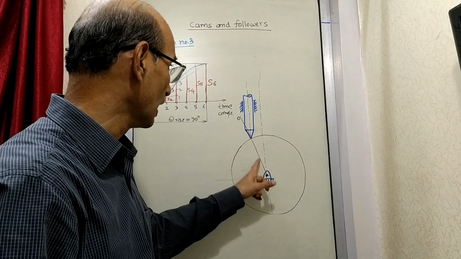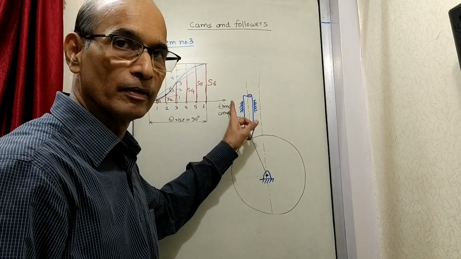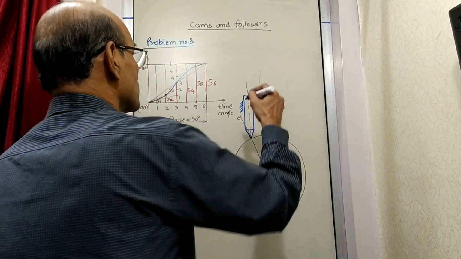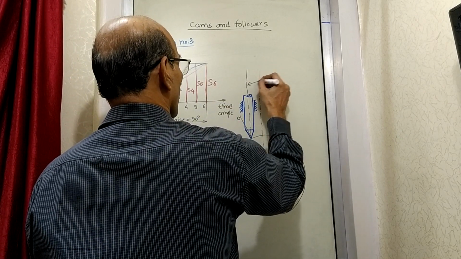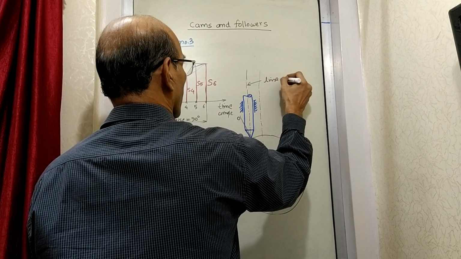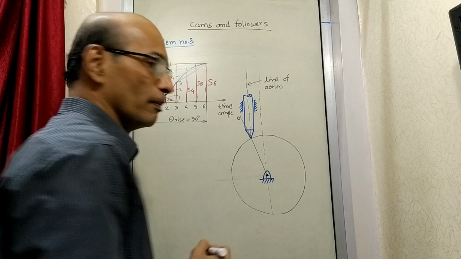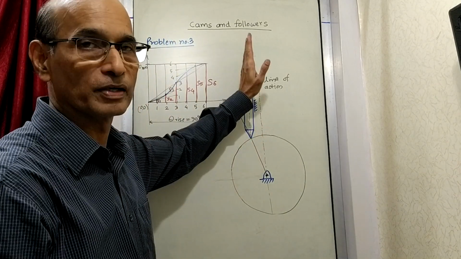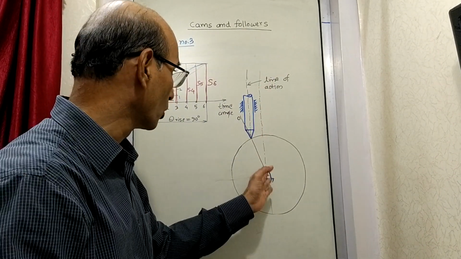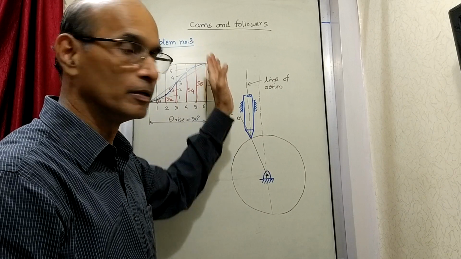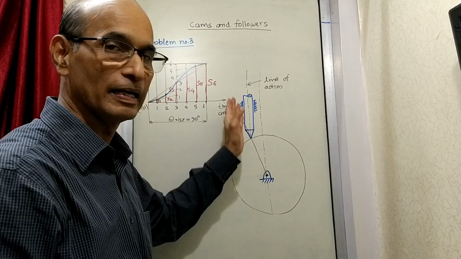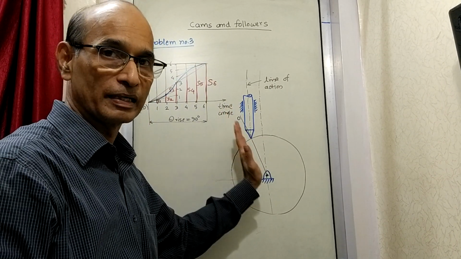Now which is the line that we have drawn and which is this line? The line of action is here. This is the line of action. The follower is going to move along the line of action. And what we have drawn is a radial line. So we have drawn the radial line as a reference line, as a starting point.